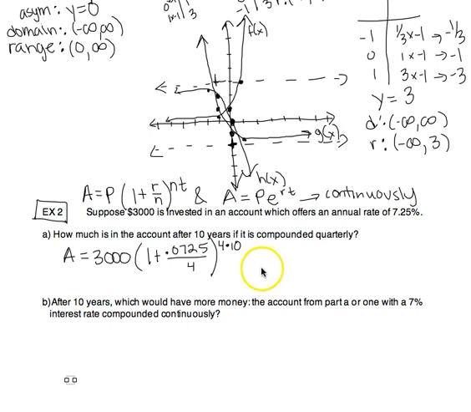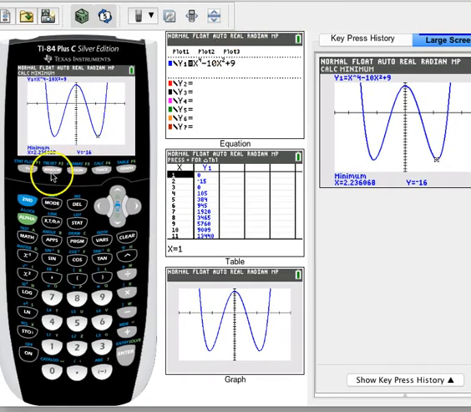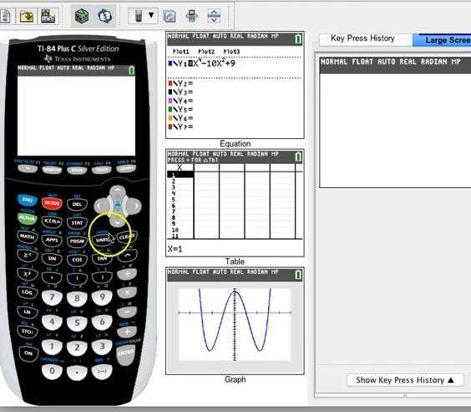So next, I'm just going to use my calculator to simplify this. And you can do this all at once if you want, but I would suggest doing it in pieces. I'll show you exactly how I would do it. Okay.